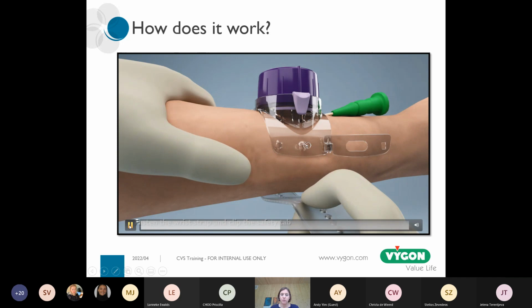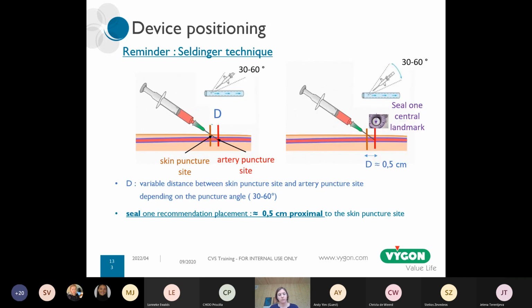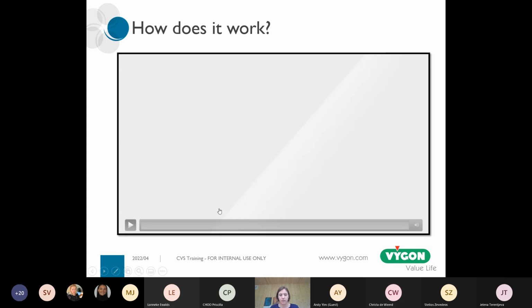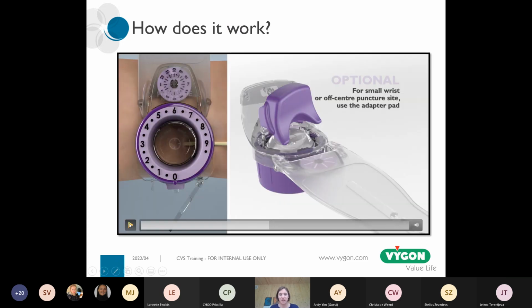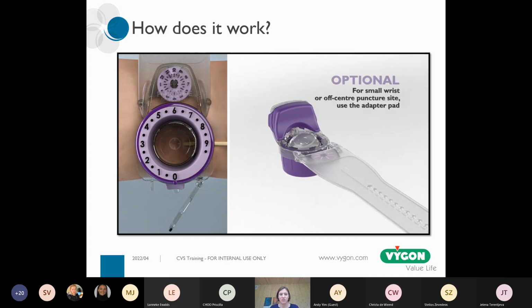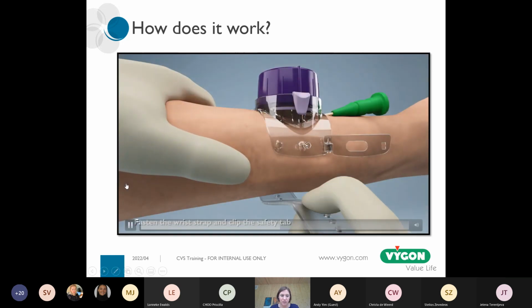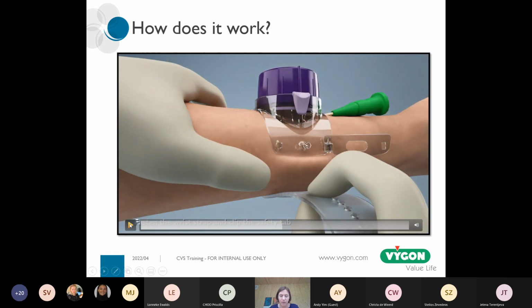Then you have to fasten the wrist strap. Be careful. I'm sorry, because when I click sometimes the presentation, okay. And then you have to fasten the wrist strap, and be careful not to pinch the skin, okay?